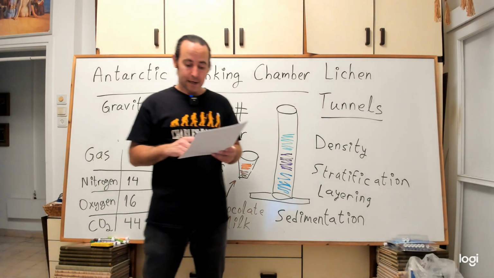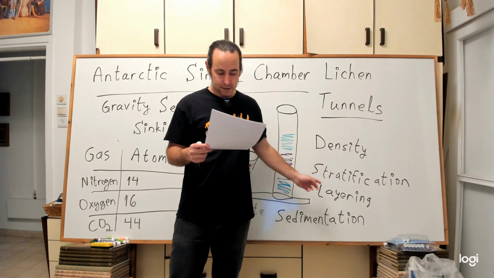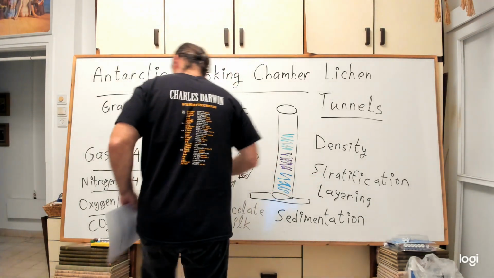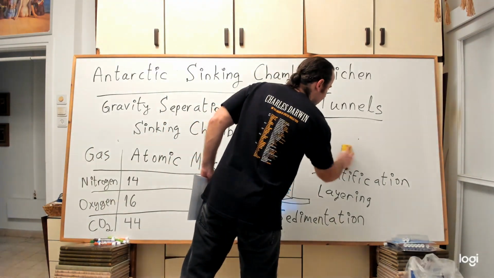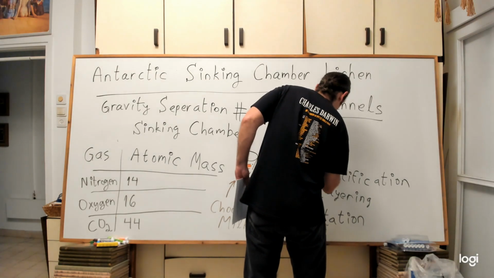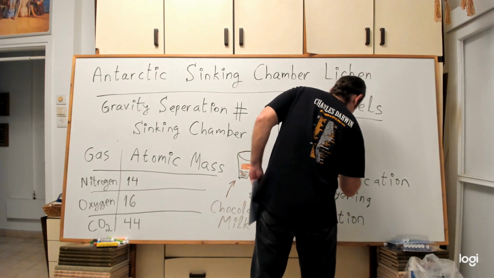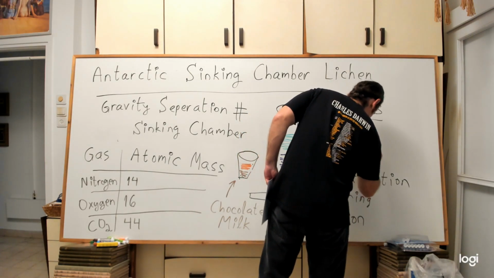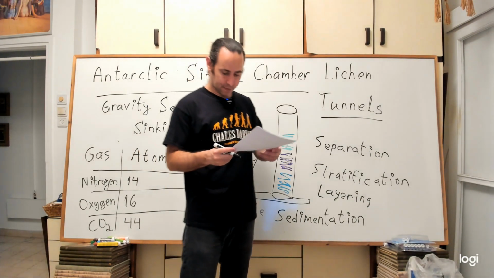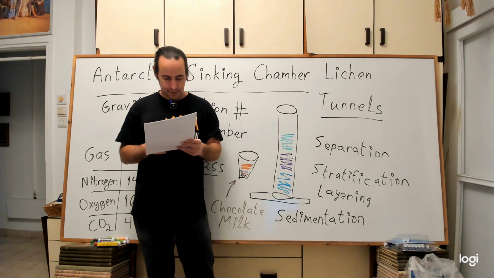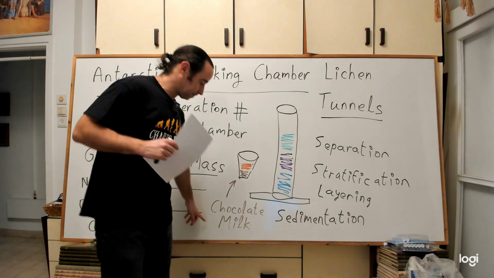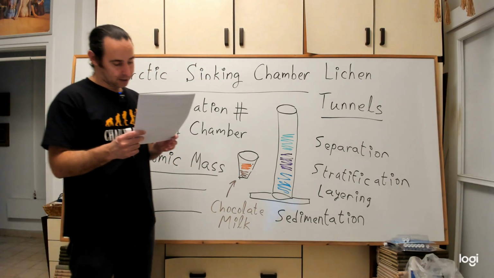Sorry, this layering or stratification is also called separation. So you get the idea. So Wikipedia, chocolate milk. You can read it.